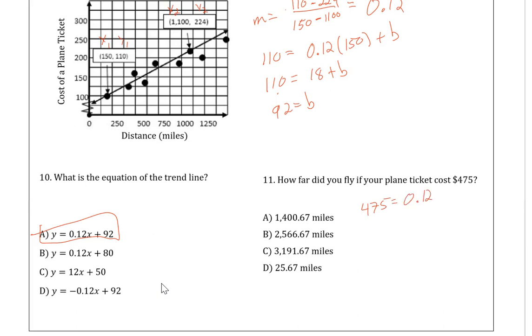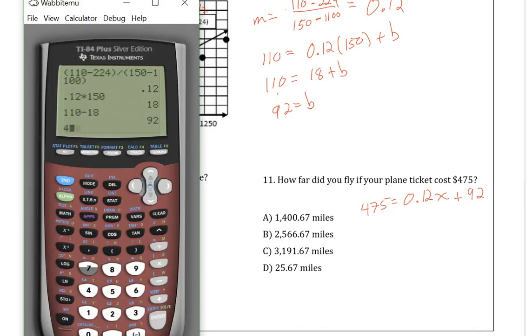It's equal to 0.12x, where x is my distance here, plus 92. A little bit of solving here. We'd subtract first. I'm going to do 475 minus 92. Then I need to divide, so that 383 is equal to 0.12x. If I divide it by 0.12, I get my answer. And as we can see, that would be choice C.